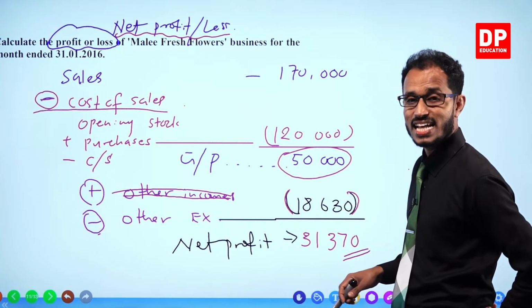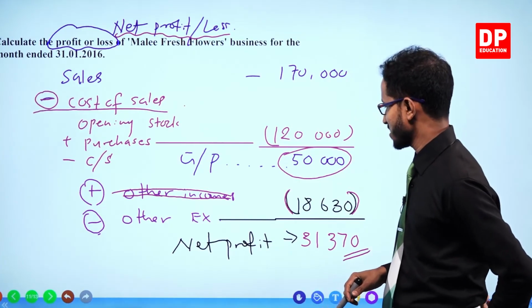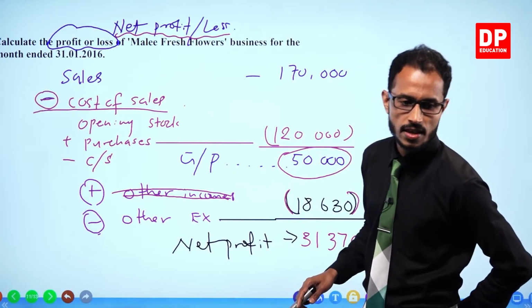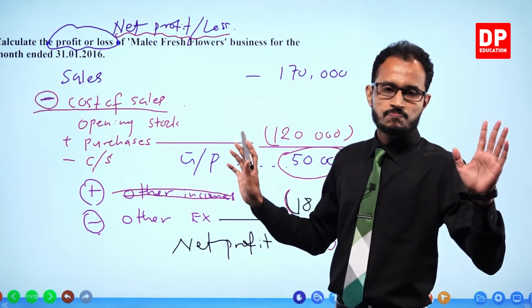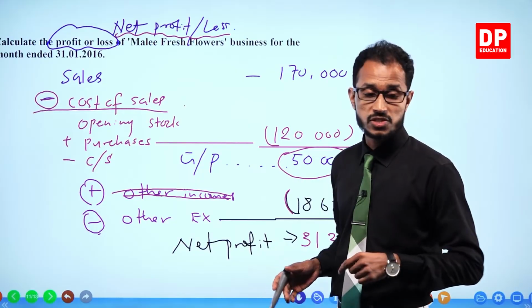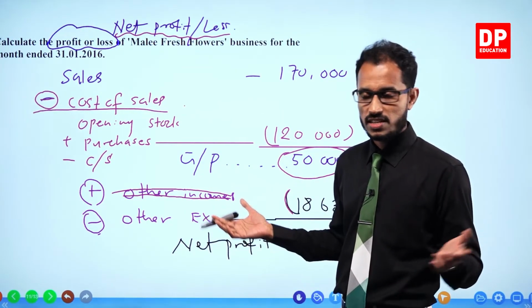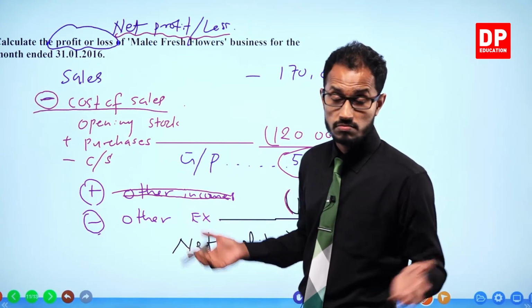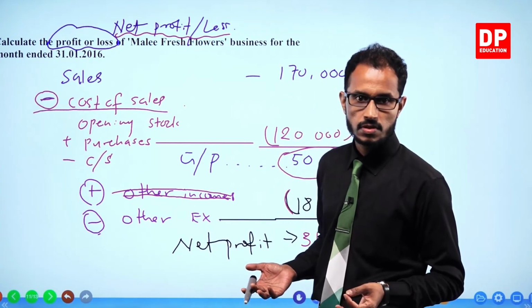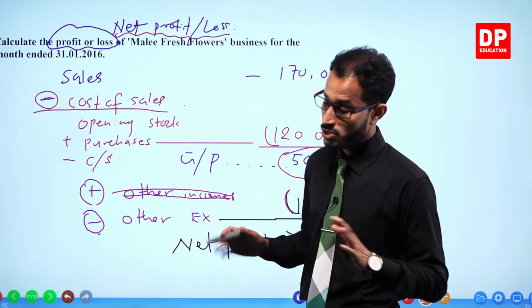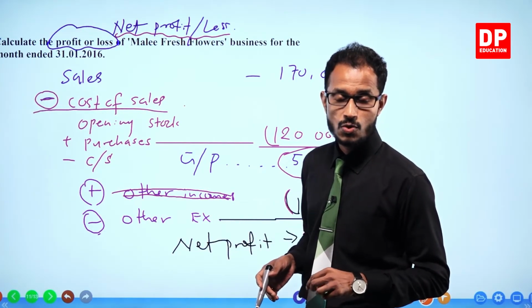Gross profit minus other expenses. Right? Now, we are done with this. I hope you understood this, children. Well, we did it in a very elaborated way, taking a long time, right? If you have any doubts, just comment below when you watch the video.